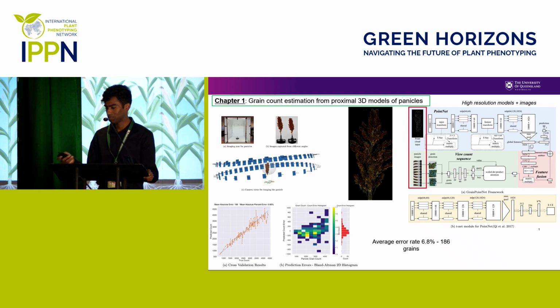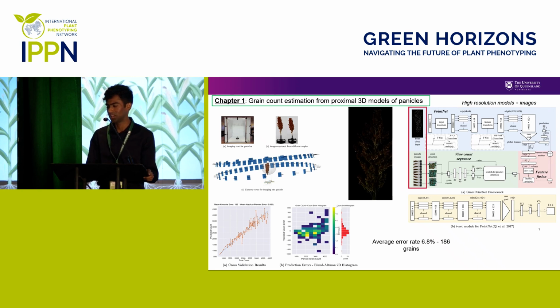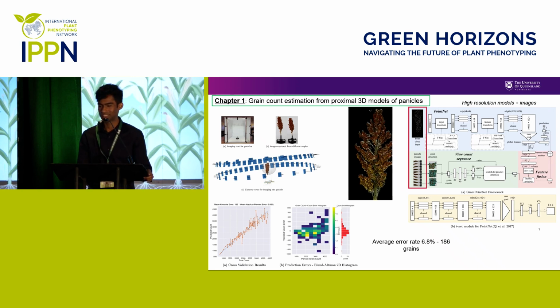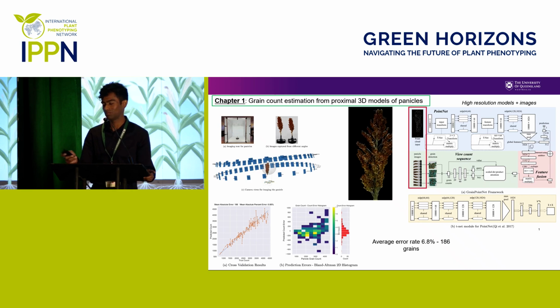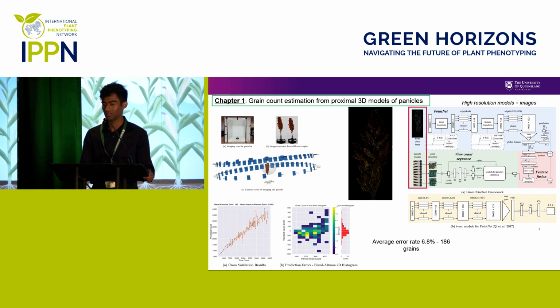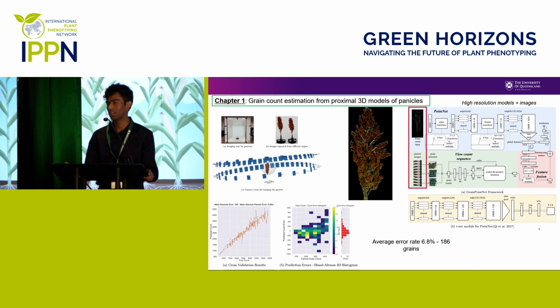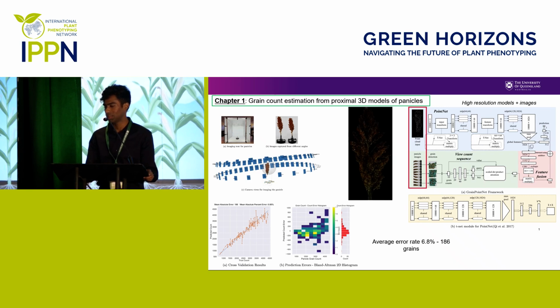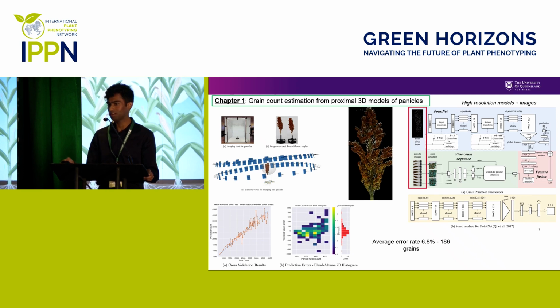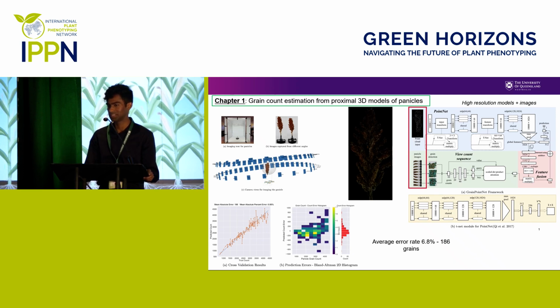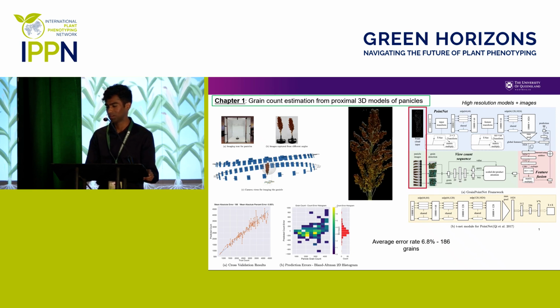So our models were able to estimate grain count with an average error rate of 6.8% or 186 grains. Now, granted, these models were very high resolution and they were all imaged in a lab, but it did show promise that you can estimate grain count on a per panicle basis if you have a decent shape to describe the panicle.